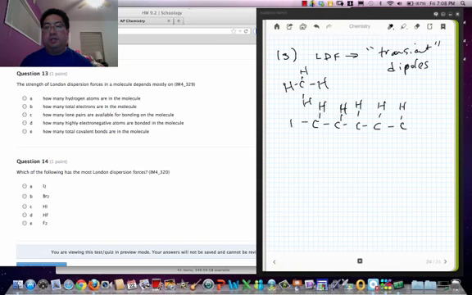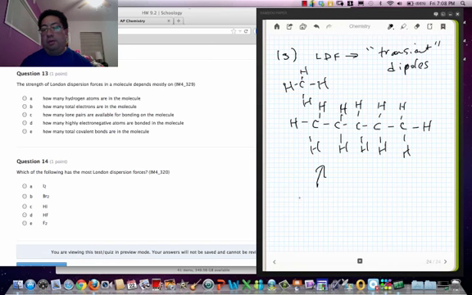Which molecule would have the greater London dispersion forces? The bigger molecule or the smaller one? We all know that the bigger one would have the greater force.